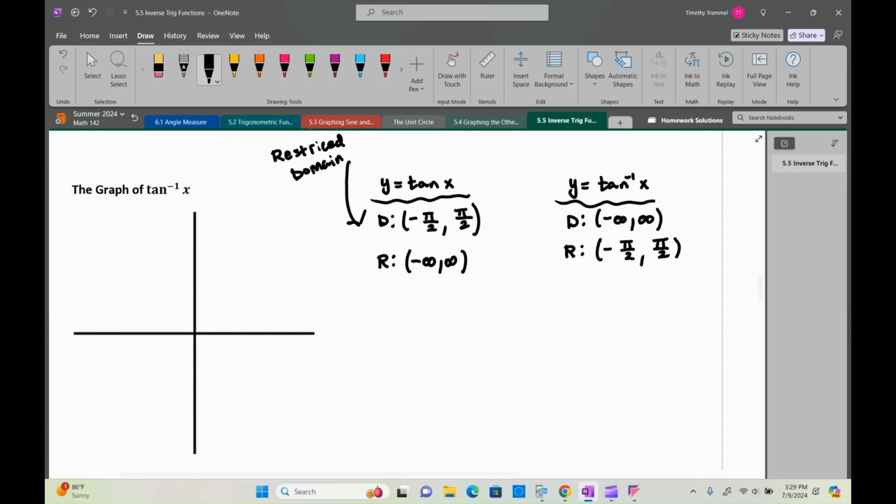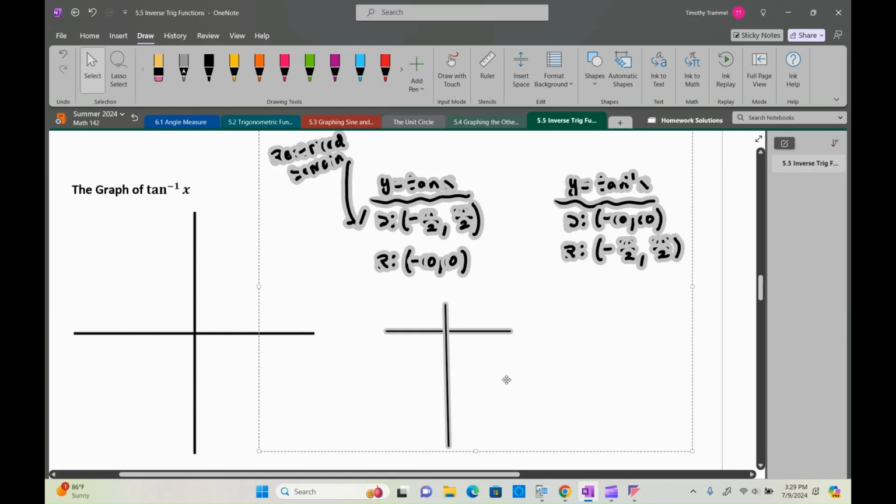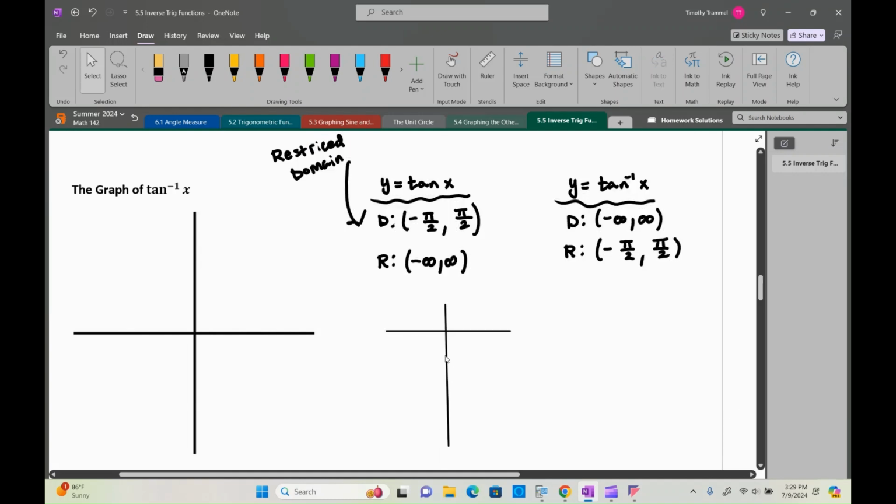So next what we could do is we could once again maybe make a little table of values. So let's do that. We can't really plug in that many things here over that interval. Let's see what we can plug in.